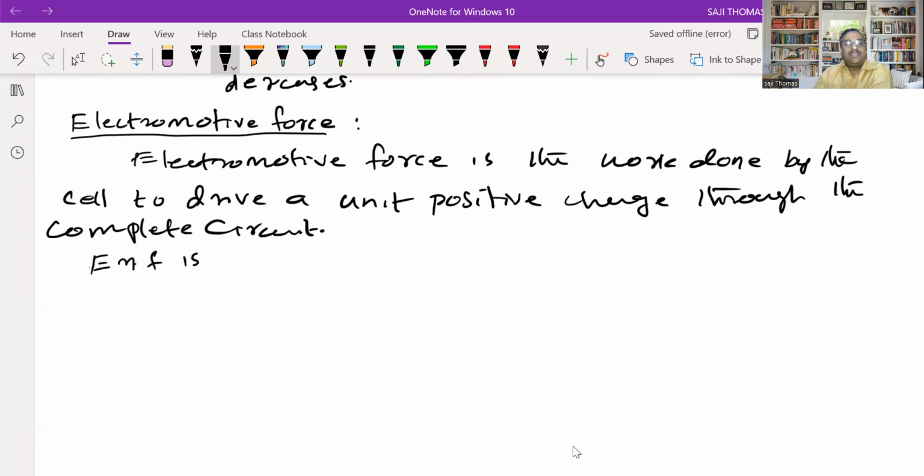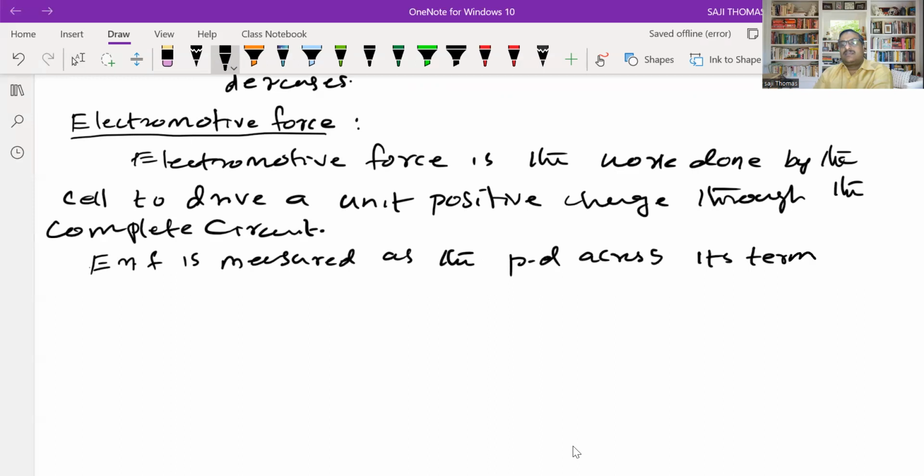EMF is measured as the potential difference across its terminals when the cell is in an open circuit.